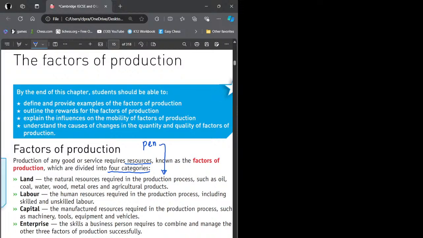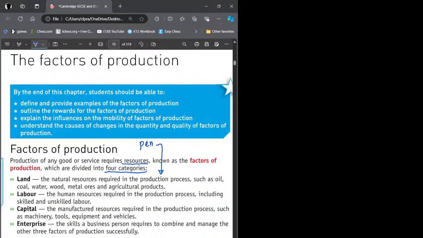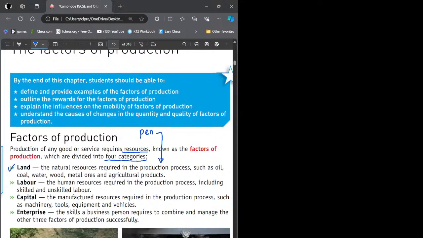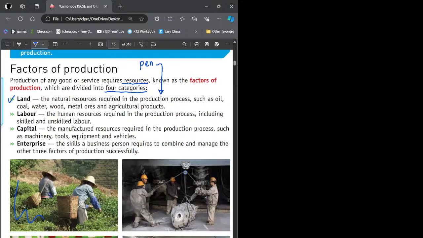So, land. The natural resources acquired in the production process, such as oil, coal, carbon, wood, metal ores, and agricultural products. So, land is not limited to just this land over here.